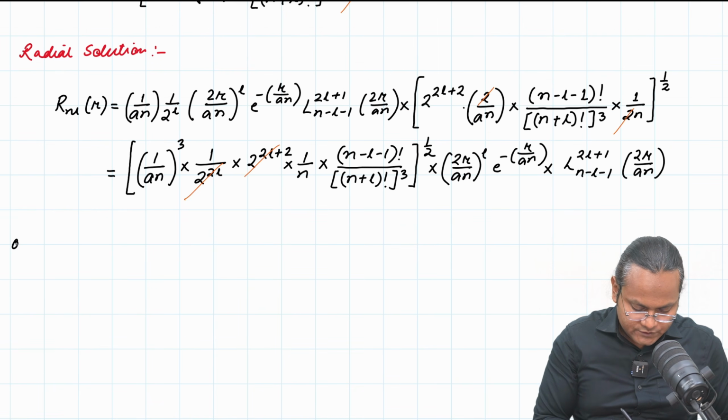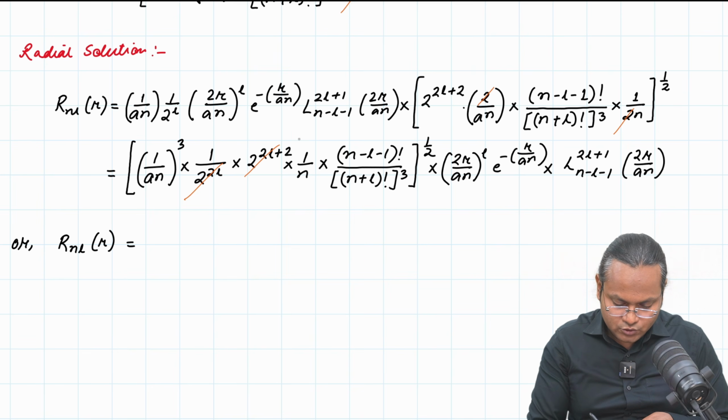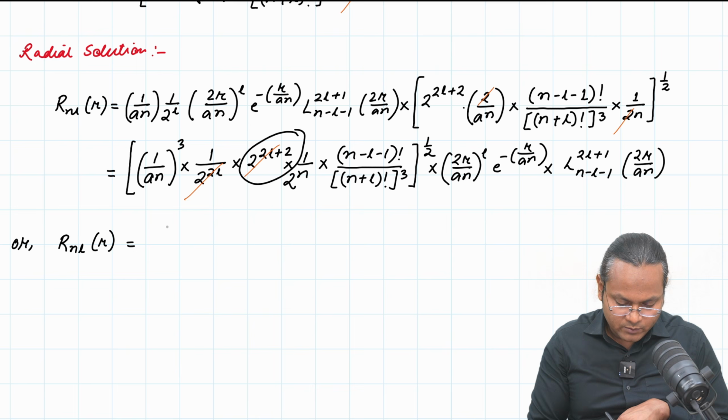This finally becomes R_nl of r is equal to, so here we have this 2 term, 2 square. If I include another 2 term in the denominator here, then in the numerator I will basically have 8, which can be written as (2 upon n a) cube, right?